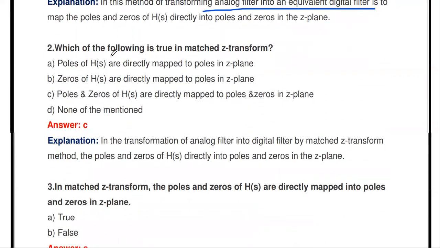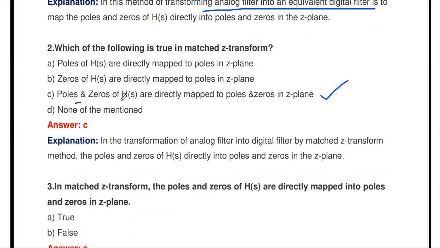Then the next question: which of the following is true in matched Z transform? Poles of H of S are directly mapped to poles in the Z plane. Zeros of H of S are directly mapped to poles in the Z plane. Poles and zeros of H of S are directly mapped to poles and zeros in the Z plane. Okay, this is the correct one.